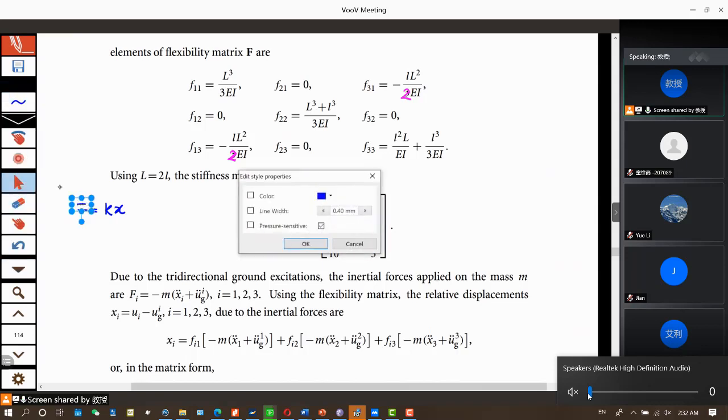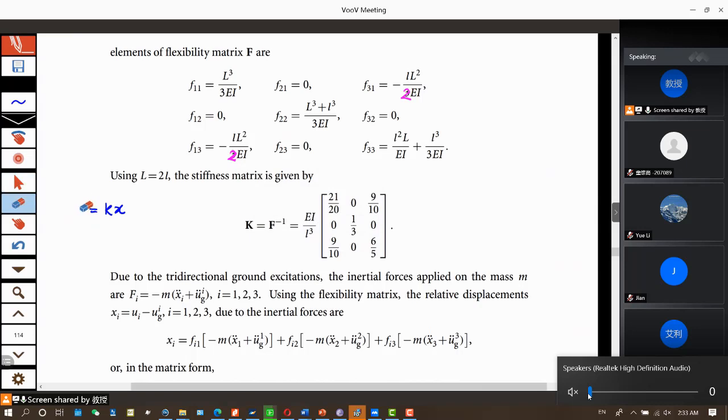Okay, so using this equation, displacement is equal to flexibility times this, which is the force.